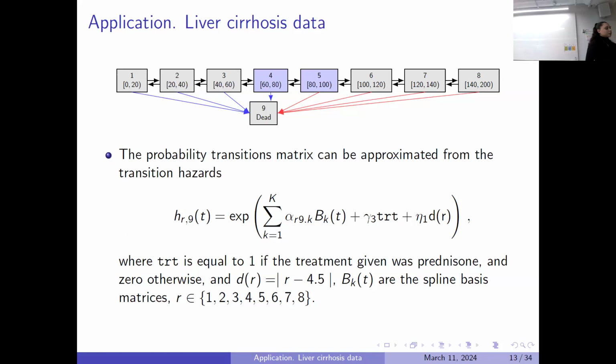There were constraints across the transitions, yes. The forward transitions, so moving forward in the process, were constrained to be the same, as well as backwards. Just the treatment effect.